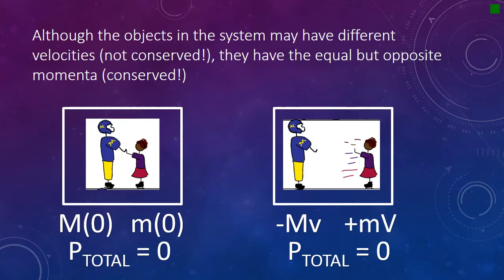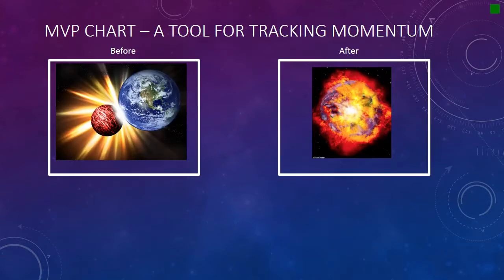And we're going to add our small mass and big velocity together, and those numbers, equal and opposite, will come out to zero, and it works just like our figure skater problem earlier. So momentum conserved, velocity not conserved. That's the big takeaway from this.